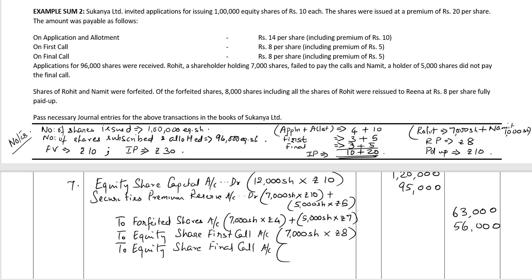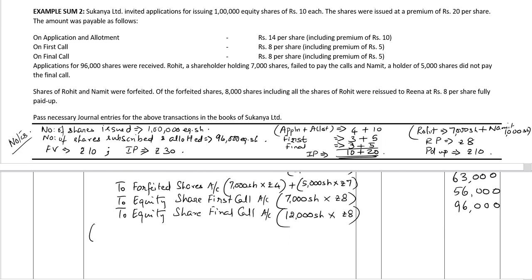The amount which is not received on the final call, including any premium which is not received, that's on 12,000 shares multiplied by rupees 8 per share, 96,000 rupees. The total of the debit is 2,15,000 rupees, and the total of the credit is also 2,15,000 rupees. Narration: 12,000 shares forfeited.